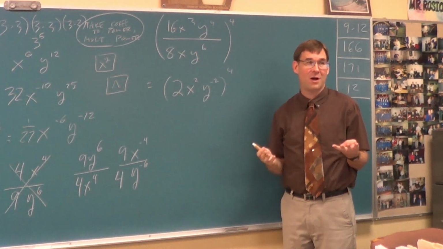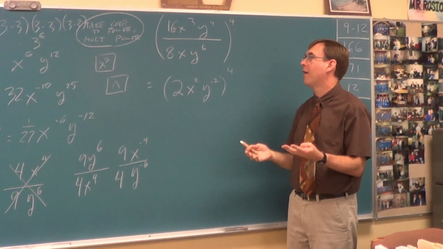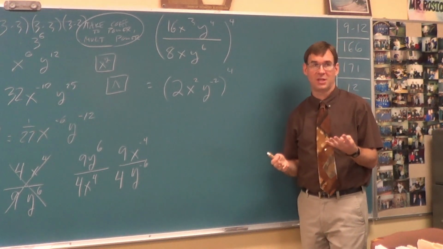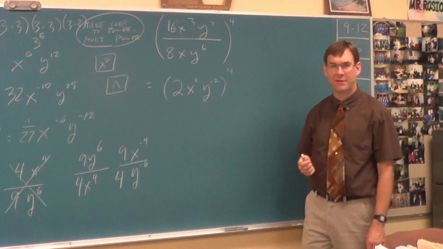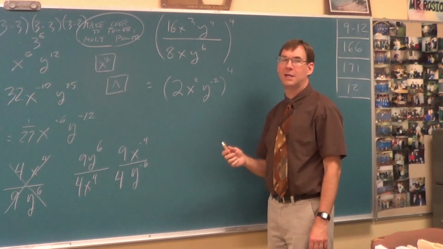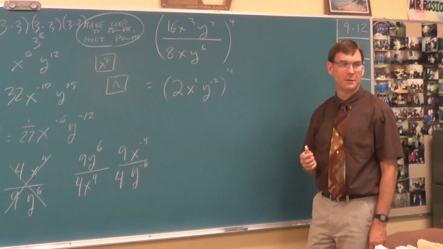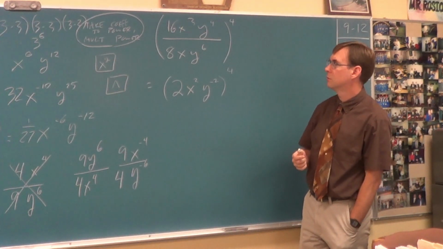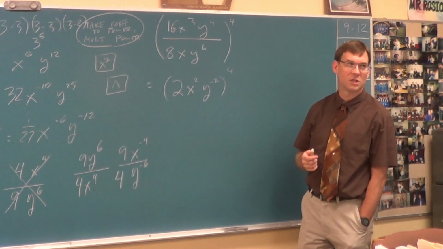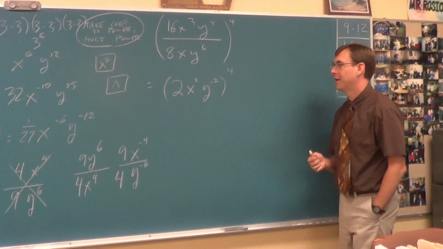You could have, it's not wrong, you'd get the correct path, but that'd be rough to do 16 to the 4th power. It'd be like, I think 65,536. Somebody do that. 16 to the 4th. Calculator. 65,536?